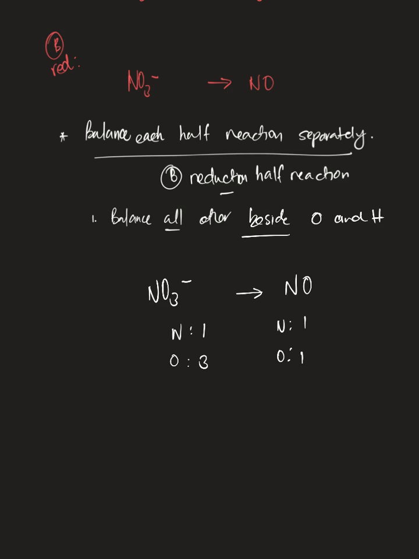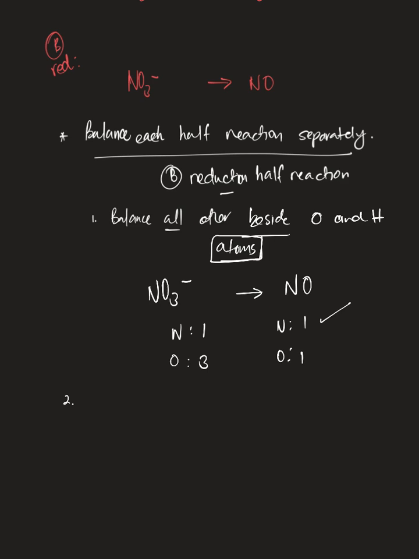Alright, so the first thing we're doing is working with the atoms. So we're going to balance the atoms first. If I'm looking at this, my nitrogen's balanced. Great. So once you've sorted out that first step, you're going to do another step.